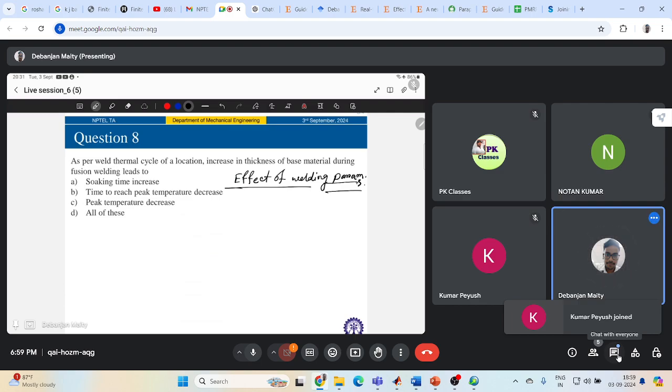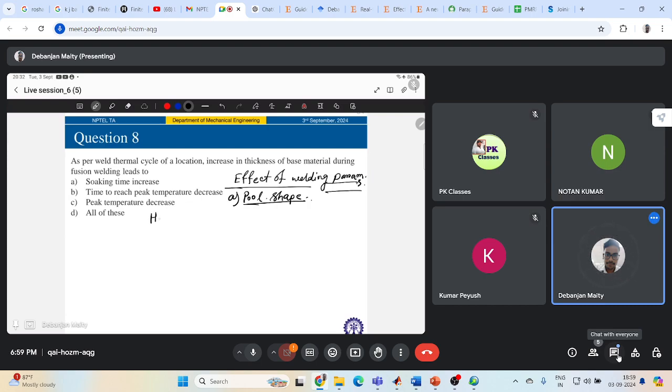Initially I will be talking about what will be the effect of the parameters on your pool shape. So in terms of pool shape, what are the parameters?